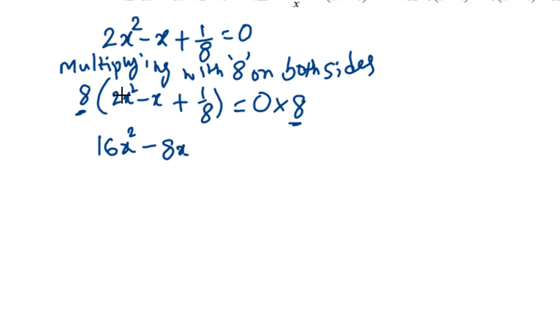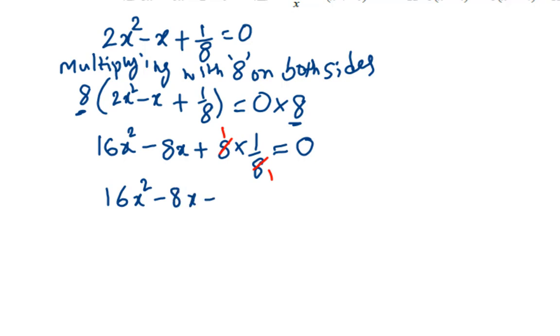Now positive into positive we get positive, and 8 into 1 by 8, we can cancel the 8s, we get 1.